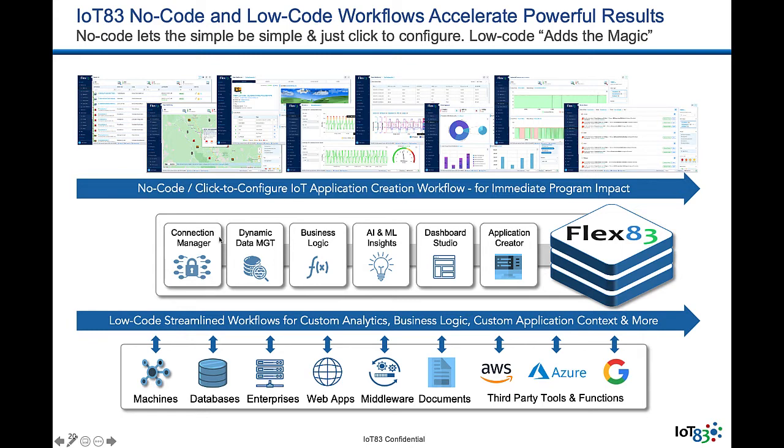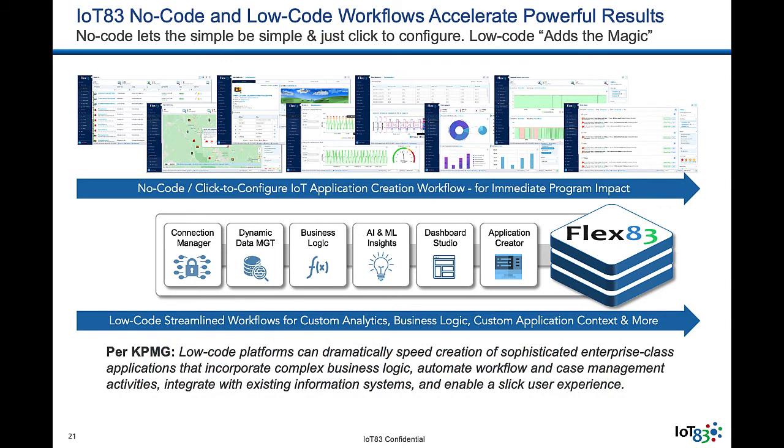With low code, you can leverage all of the different components of this workflow to add the magic to your IoT application. Per KPMG, low-code platforms can dramatically speed the execution of sophisticated enterprise-class applications that incorporate complex business logic, automate workflows, and case management activities, and integrate with existing information systems, and also enable a slick user experience.